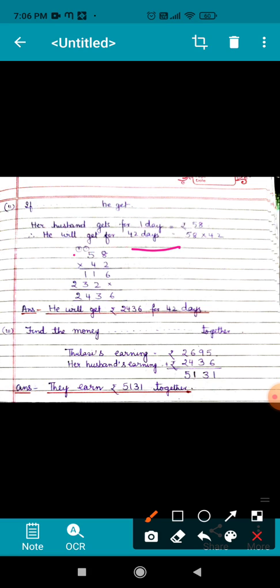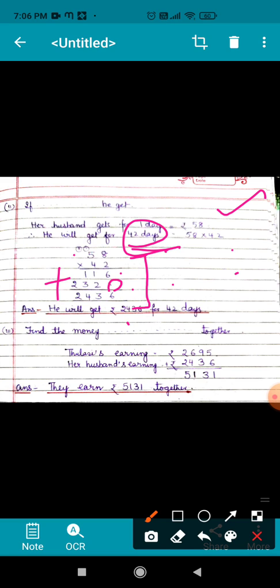Similarly, children, we can calculate the salary of her husband for 42 days. Here her husband gets for 1 day rupees 58. So for 42 days he will get more amount. And for more, here you can see I have done multiplication in standard form. First I have multiplied by 2 and after that I have multiplied by 4, leaving one's place vacant.